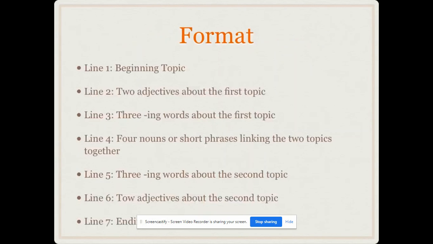As you can see, line 5 and 6 are the same exact thing as lines 2 and 3, except you are talking about the second topic instead of the beginning topic. So, you basically are doing the same thing, you are explaining your ending topic, other than your beginning topic.